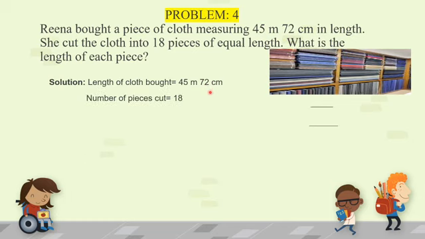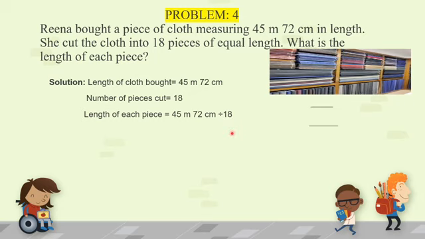After that she has cut the cloth into 18 pieces of equal length. Number of pieces cut: 18, all of equal length. What is the length of each piece? To find the length of each piece, we have to divide 45 meter 72 centimeters by 18.